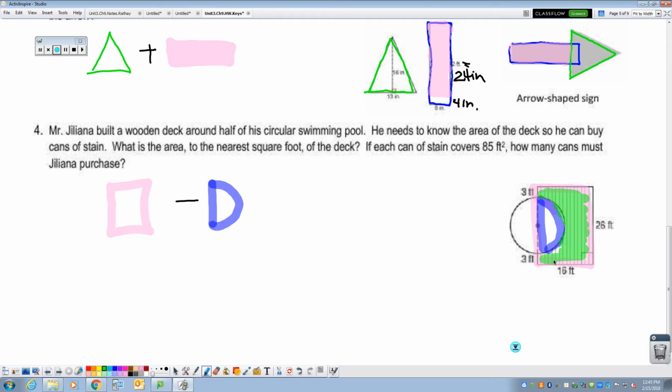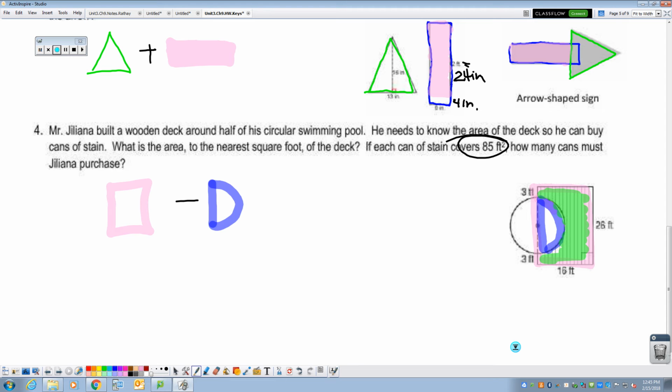But that's not what the full question is asking. It says that each can of stain covers 85 square feet. How many cans must Juliana purchase? So we can figure out the full area, and then if we know that it covers 85 square feet, we can divide to figure out how many cans.